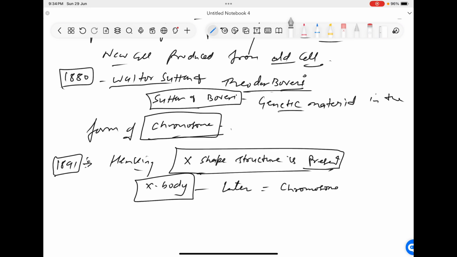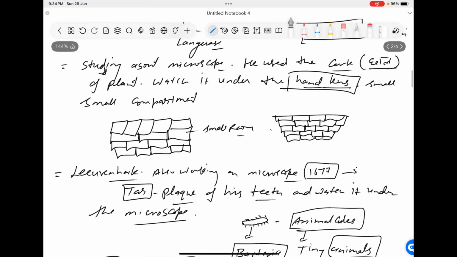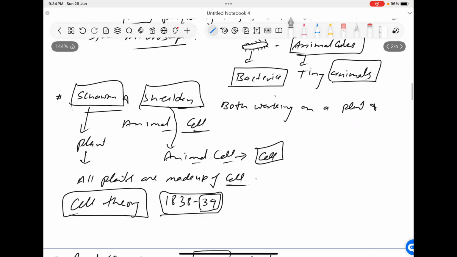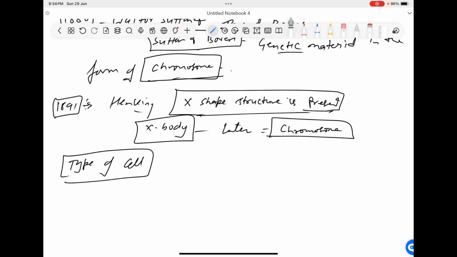Types of cells and organisms. On the basis of cells, organisms can be divided into two types.